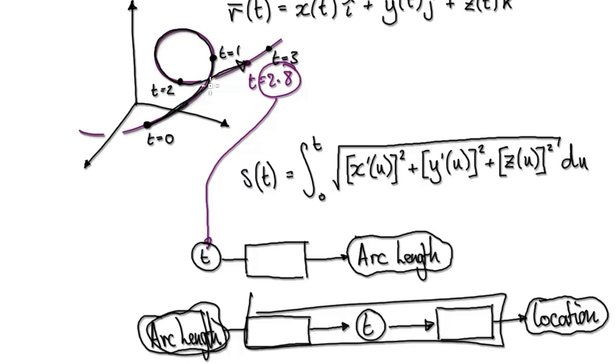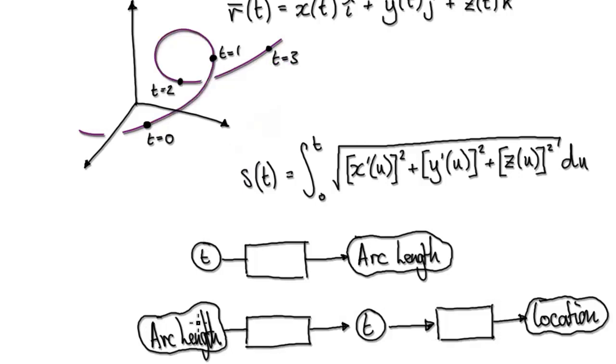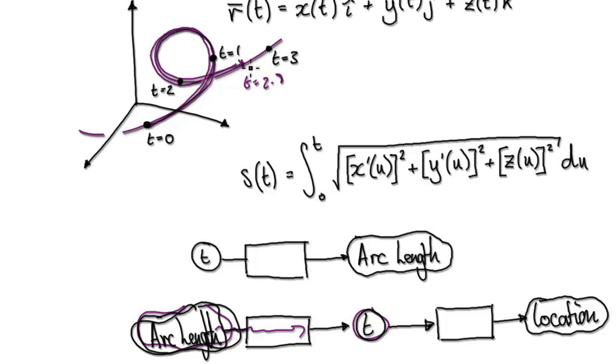So now we insert the arc length, and we can work backwards. We're inserting an arc length, which is, remember, our t equals 2.8 here. We can work backwards to find out the time it takes to travel that distance along the path, which in our case is 2.8.